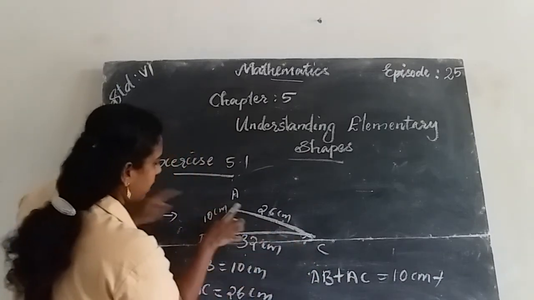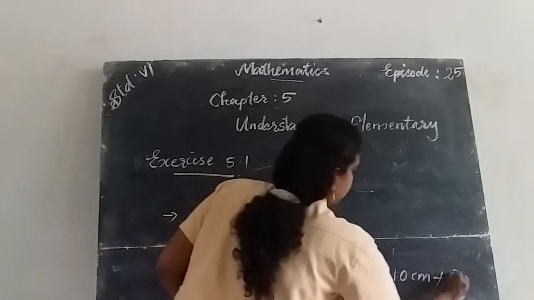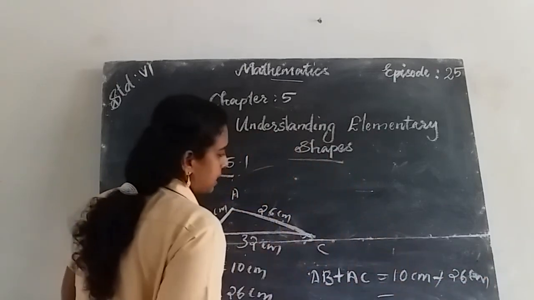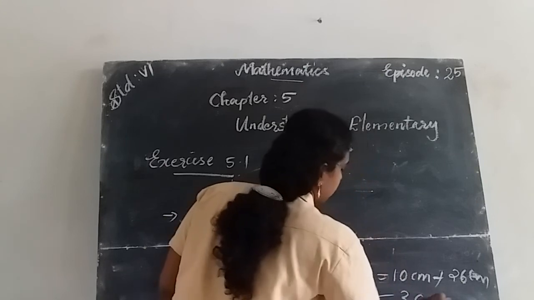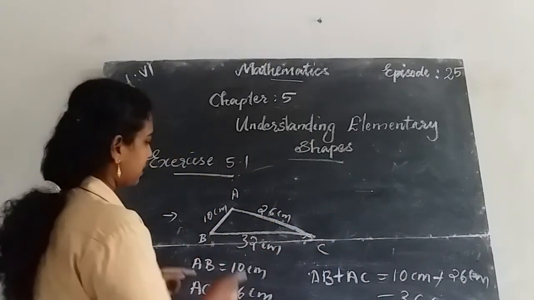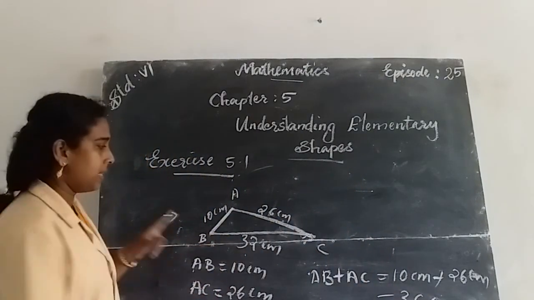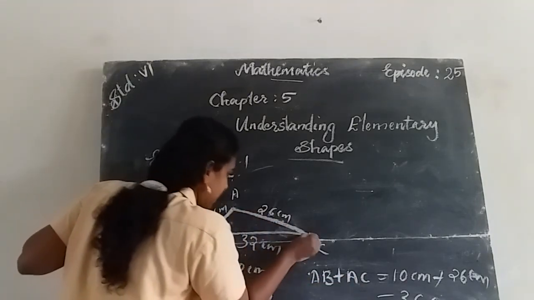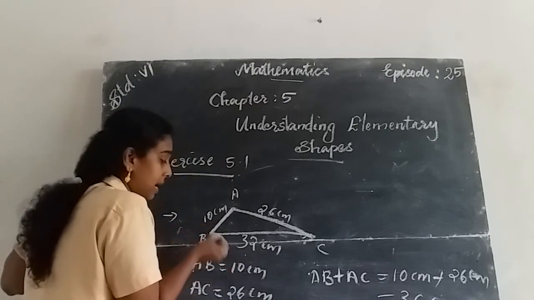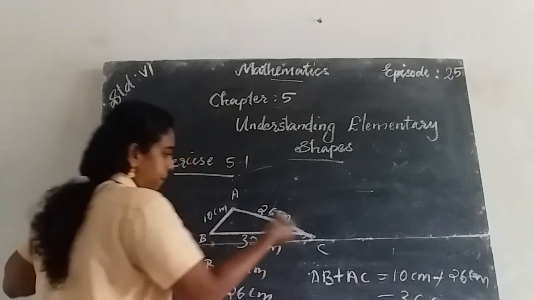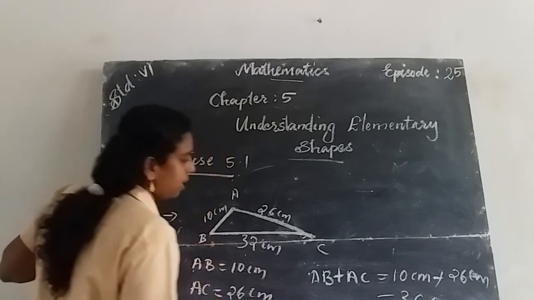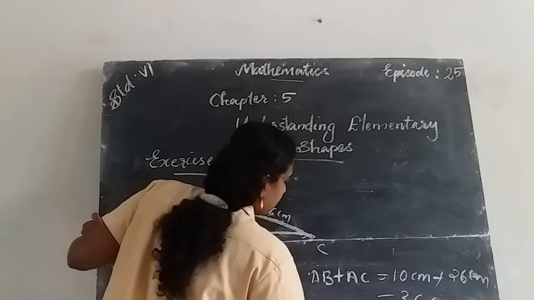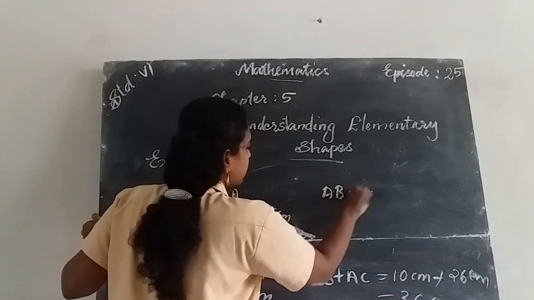AC is this side. Okay, AC measures 26 centimeter, and we add 10 plus 26, we get 36 centimeter, and it is greater than the other side, that is BC. So 36 is greater than the side BC.